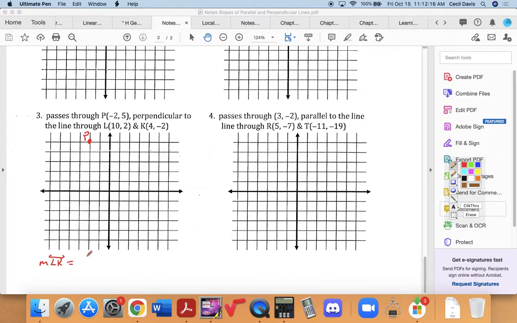So that'll be 2 minus -2 over 10 minus 4. That's 4 over 6, which is 2/3. So the slope of the perpendicular will be -3/2.